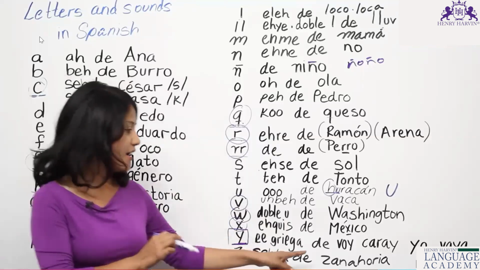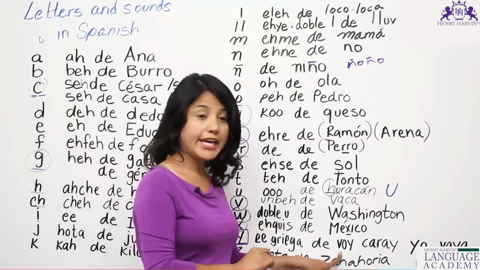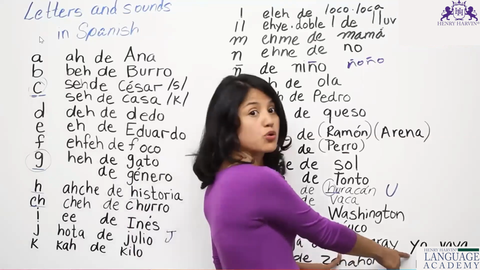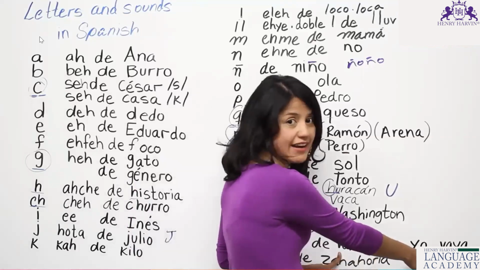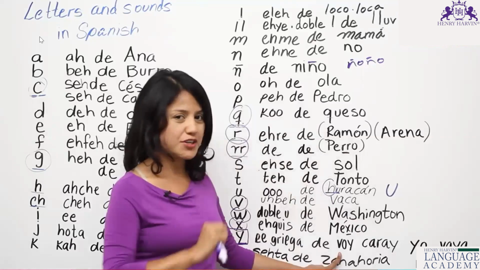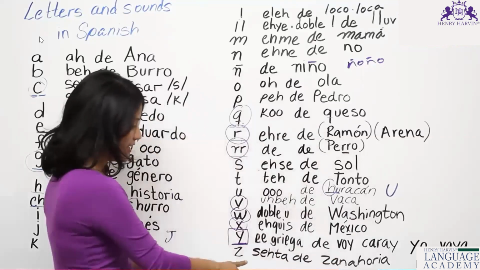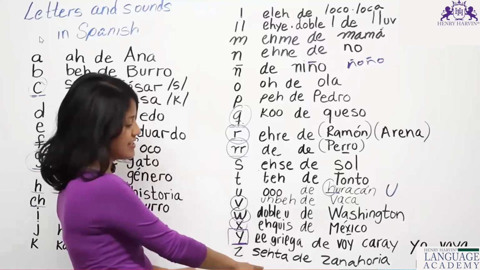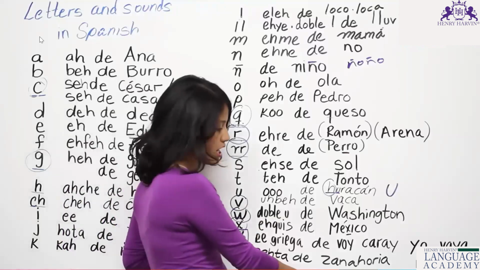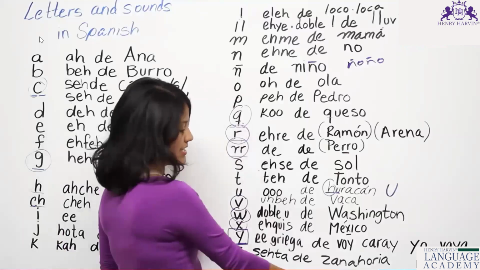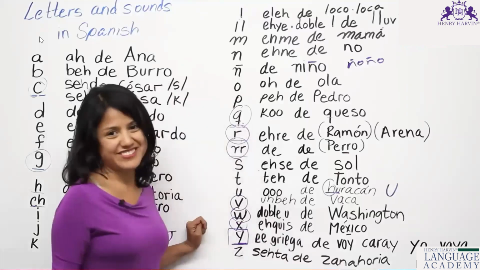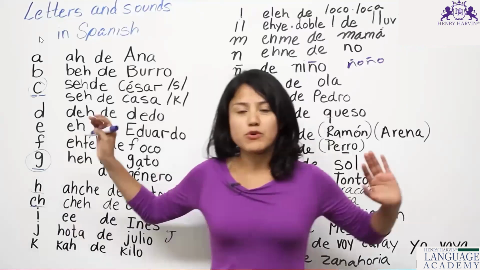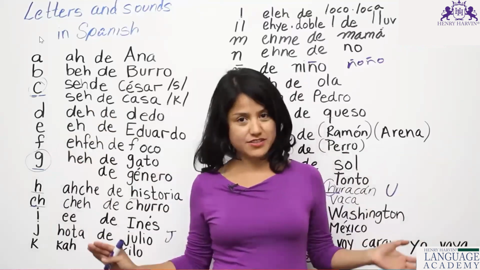Y de voy, caray, caray. O yo, o vaya. Two sounds. And we're going to talk about them later. And the last one, Z. Z de zanahoria. Zanahoria, carrot. Okay? Well, very well, now we've finished with our list of letters in Spanish.